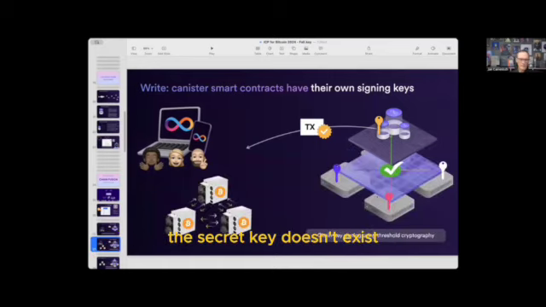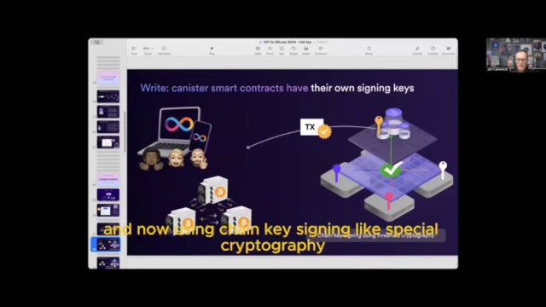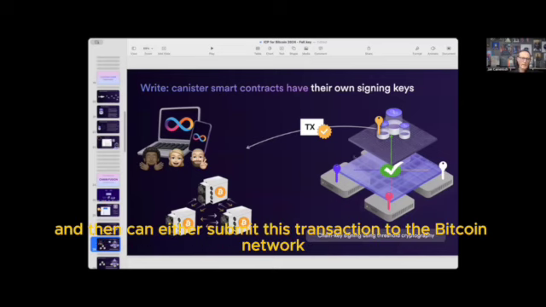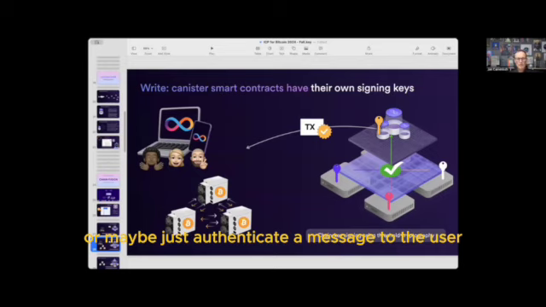The secret key doesn't exist, but it's secret shared between the nodes on that subnet. And now using chain key signing, threshold cryptography, if a smart contract wants to sign a transaction, it calls a system API, gets that signature on the transaction, and then can either submit this transaction to the Bitcoin network, or maybe just authenticate a message to the user. Whatever you want to do with that, right?